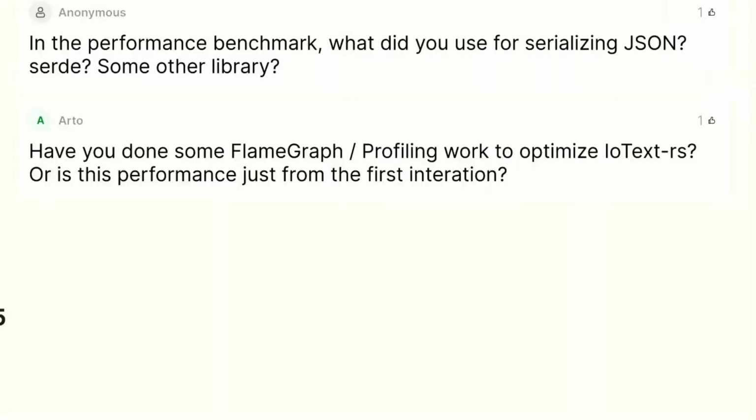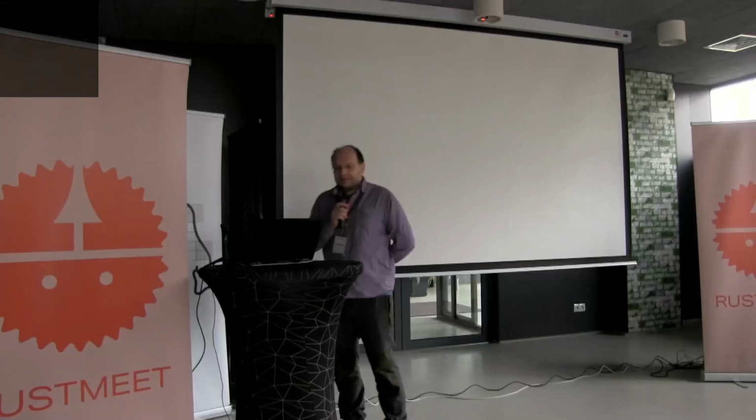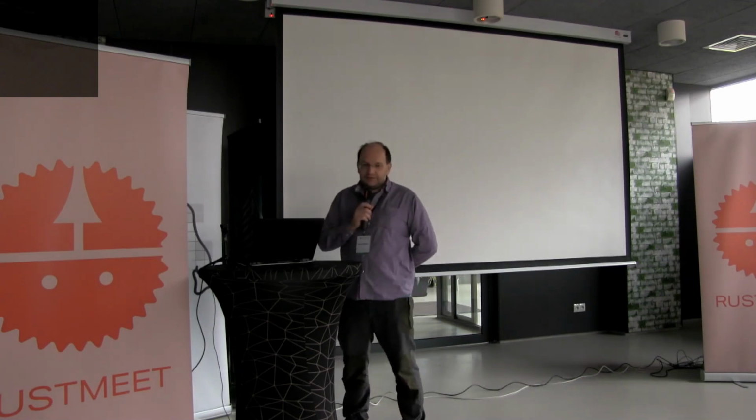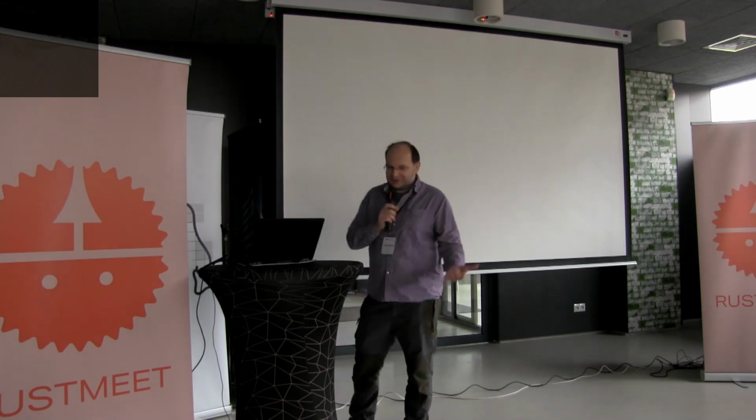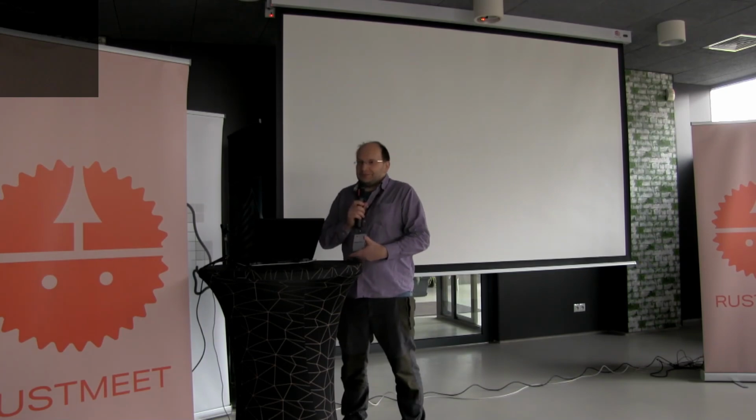In the performance benchmark, what did you use for serializing JSON? All right, so any kind of library has its own serializer. For example, Avro has its own serializer, and Protobuf has its own serializer, but in the IoText protocol, I've written my own serializer. Yeah, so this is a simple answer for that.